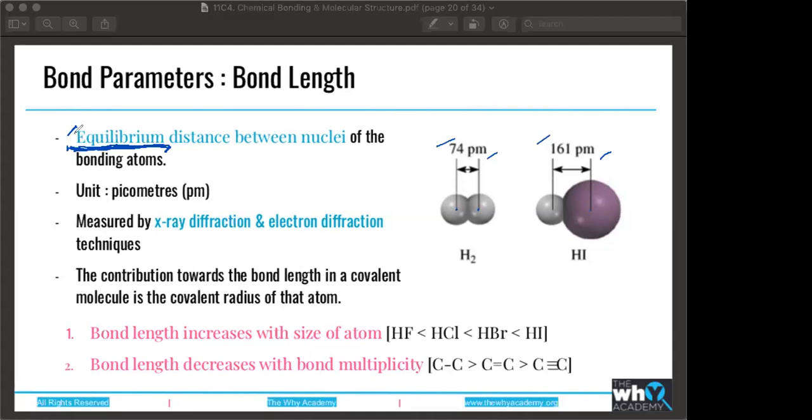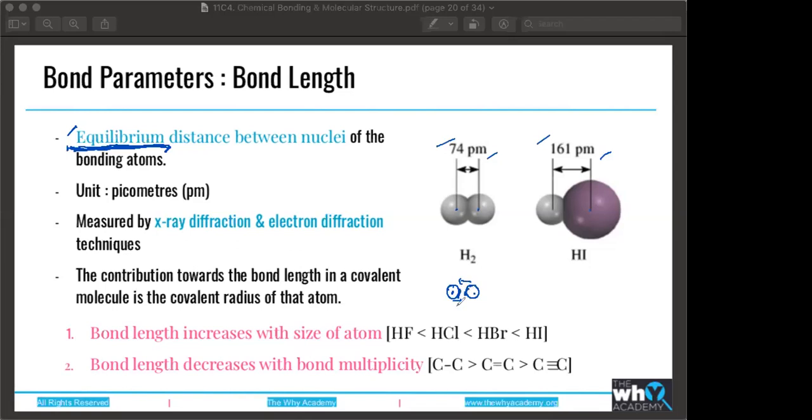The main point is equilibrium. When two atoms are coming close to each other in order to share their electrons, this nucleus will attract its own electron cloud, and it will attract the neighboring atom's electron cloud also, because positive attracts negative. Now this nucleus also will attract the opposite one's electron cloud. But there is repulsion between the electron cloud of this versus the electron cloud of this.